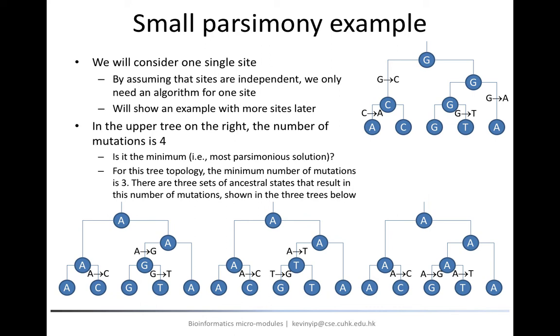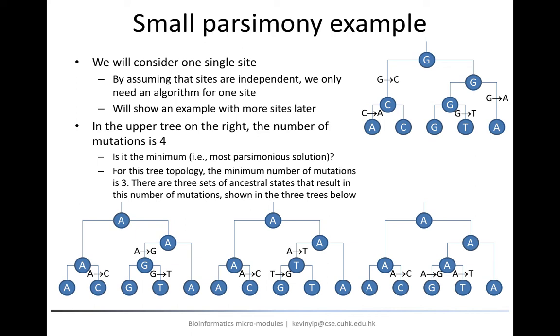We now have 2 questions. The first question is whether these are the optimal solutions with the minimum number of mutations. The answer is yes, since all 4 types of nucleotides are present in the leaf nodes, and therefore, no matter how the ancestral sequences are assigned, there must be at least 3 mutations along the 3 branches.